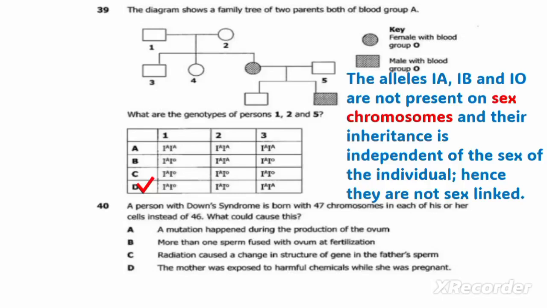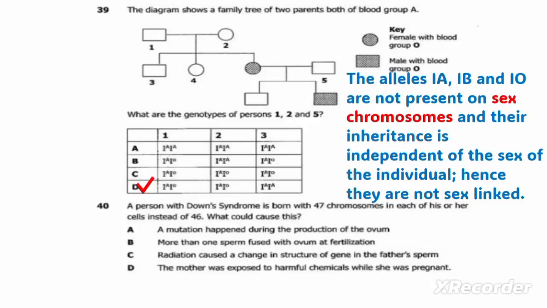So we shift to our last question, which is question 40. The question reads, a person with Down syndrome is born with 47 chromosomes in each of his or her cells instead of 46. What could cause this?